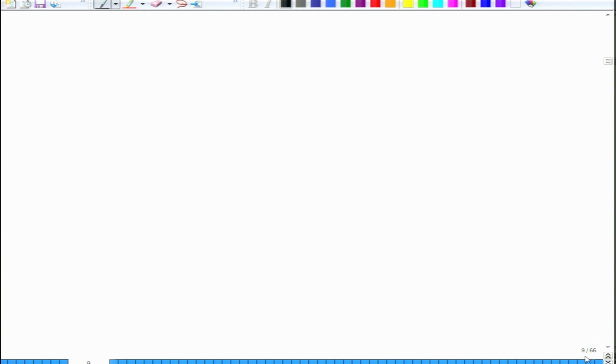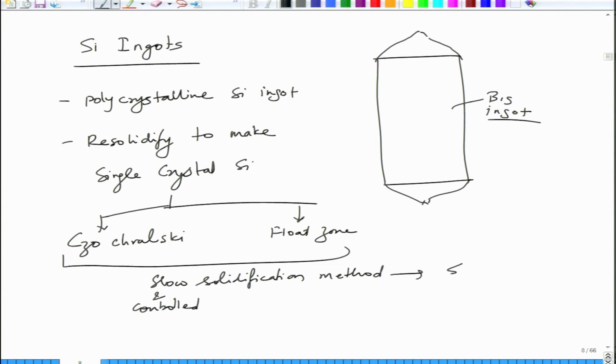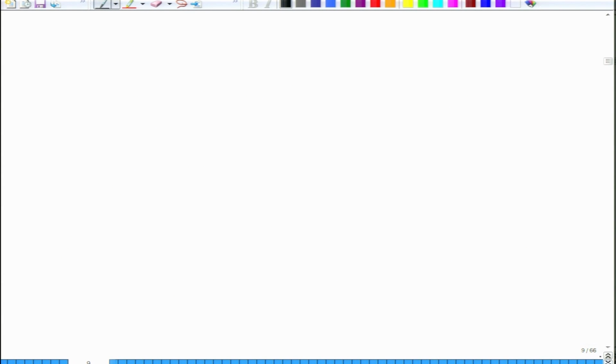So essentially, using these two methods, these are slow and controlled solidification methods which give rise to formation of single crystal silicon. So, you can read about them in books, Czochralski and float zone method. They are basically solidification methods to make single crystal silicon.